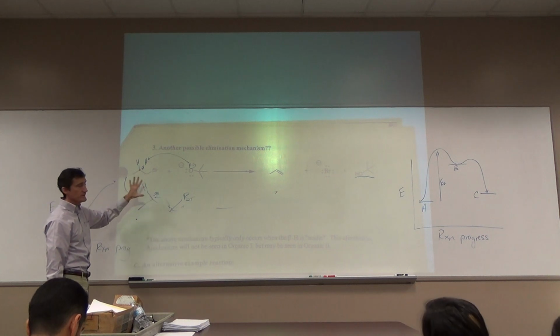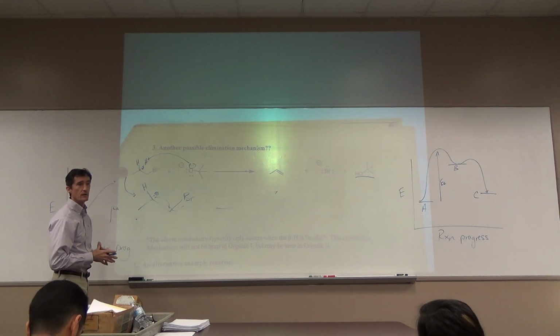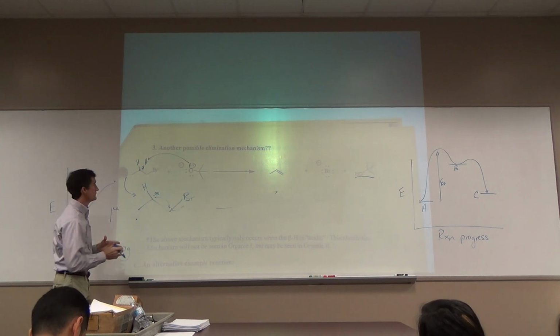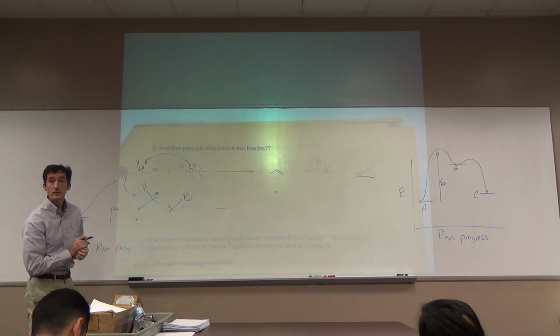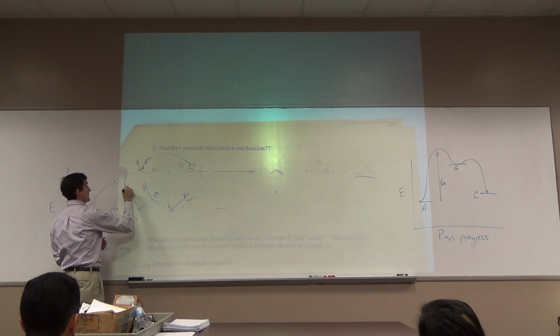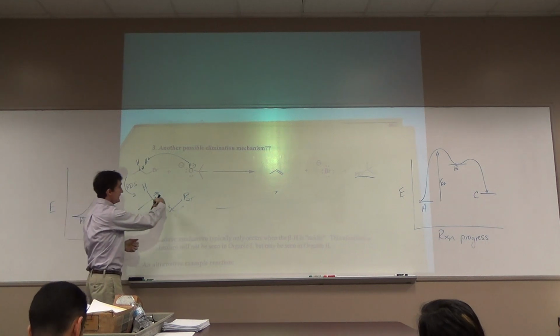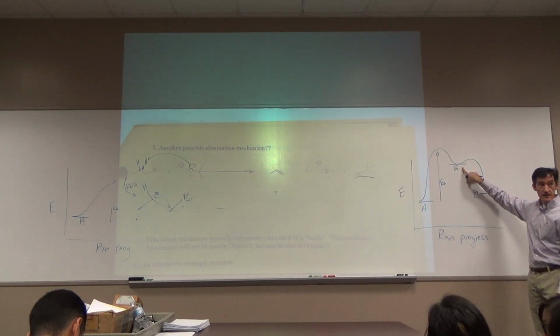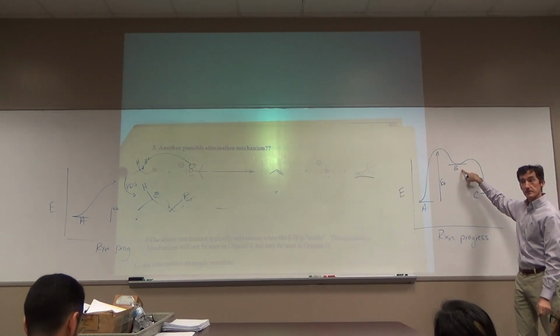Which do you propose would be the rate determining step here? The first one. First step, making the high energy ion. But over here, this was a carbocation.